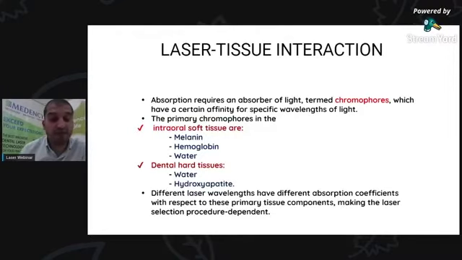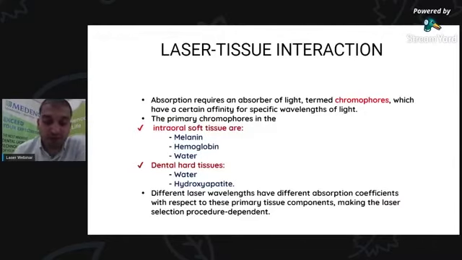This specification of diode makes us use it at the soft tissue area in our mouth, such as gingiva, such as anything related to frenum, or as we will see with Dr. Yusra, the applications. That's how we classify our laser. The soft tissue lasers, which have a target or chromophore for soft tissue, and the dental hard tissue lasers.